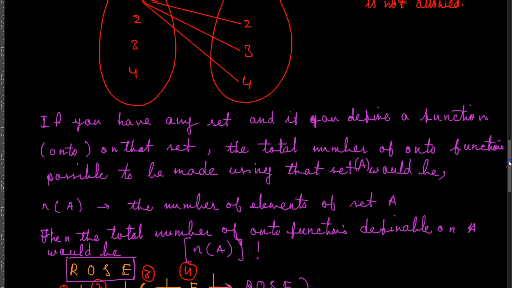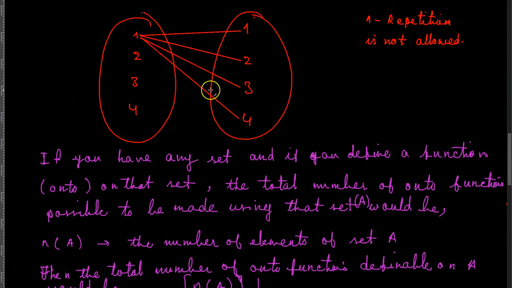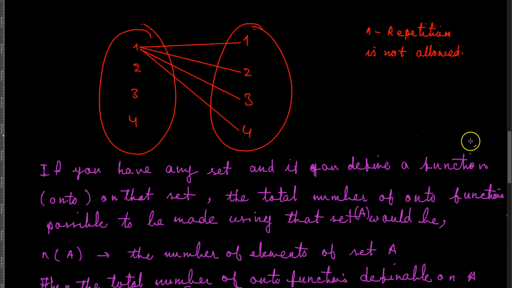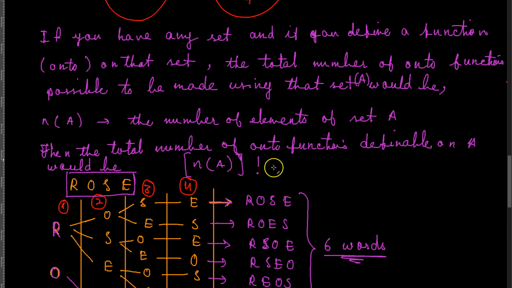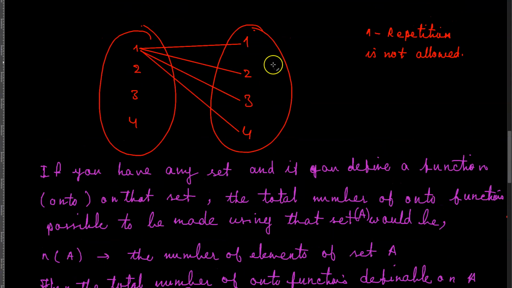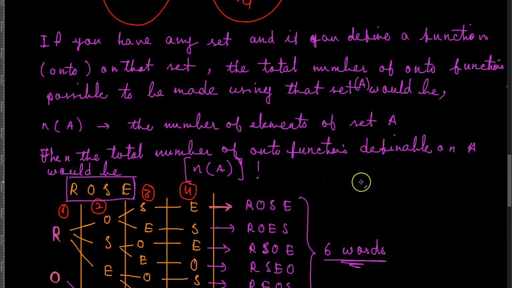Meaning that you simply have 4 objects over here, or these 4 objects would be n of A, the total number of the elements of that set. And then you are just calculating all the different permutations of those 4 objects, which is going to be n of A whole factorial. Or if you take the total number of the elements of this set as n, then that would simply be n factorial, right?